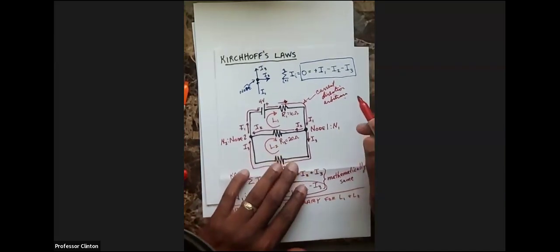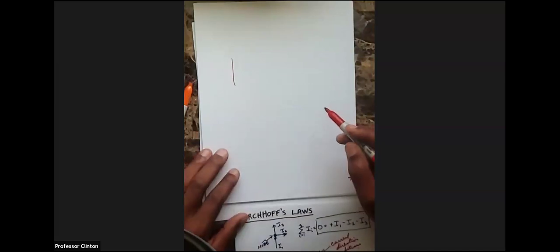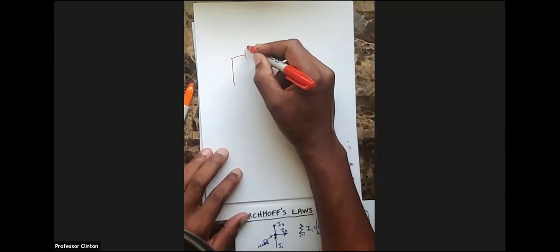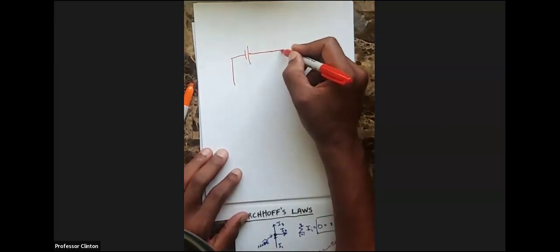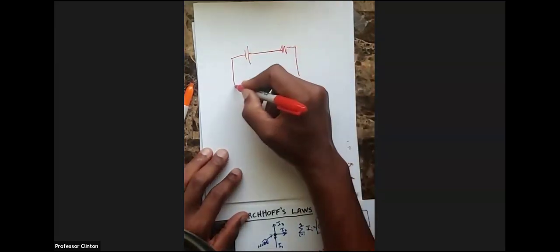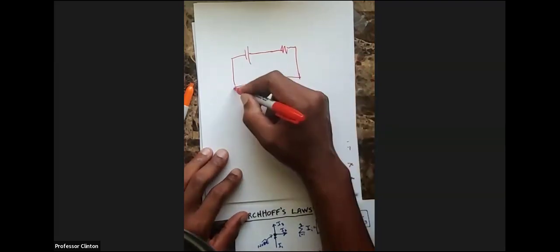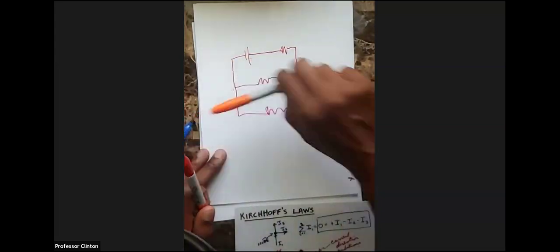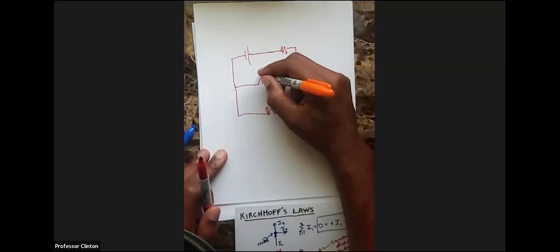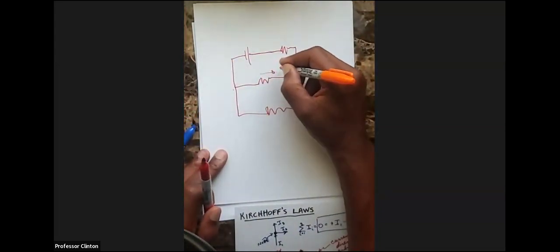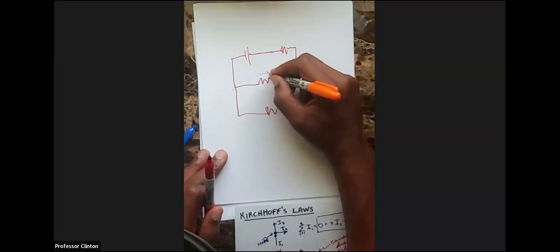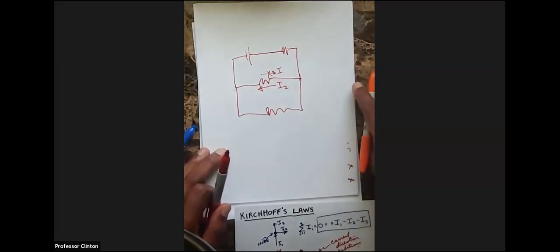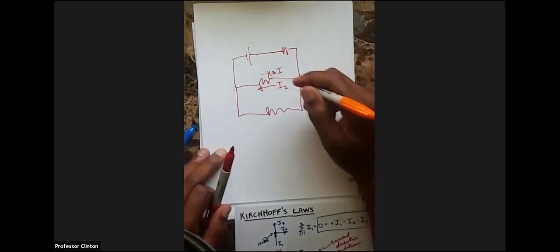If you get a negative current, you just switch the direction of the current that you chose. So let's just say that you picked that the current for I2 was going this way, you just simply flip it so that it goes in that direction.